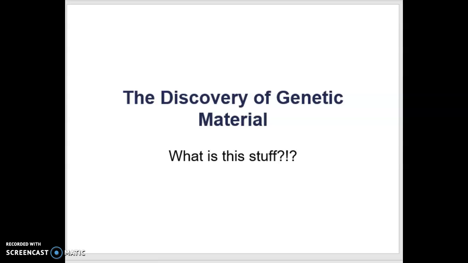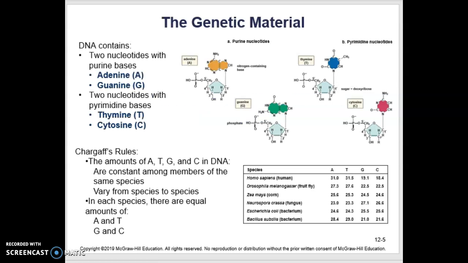The first thing we have to talk about is how did they discover DNA, or genetic material? What is this stuff? The first thing that was discovered were these chemicals: adenine, guanine, thymine, and cytosine, and we represent them with the letters A, G, T, and C. And they found out that every single species had adenine, guanine, thymine, and cytosine.